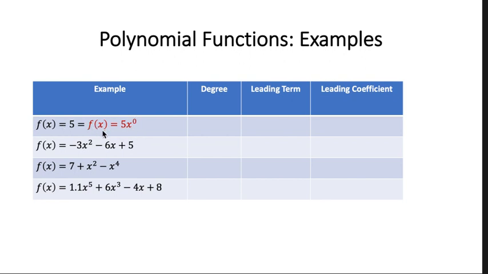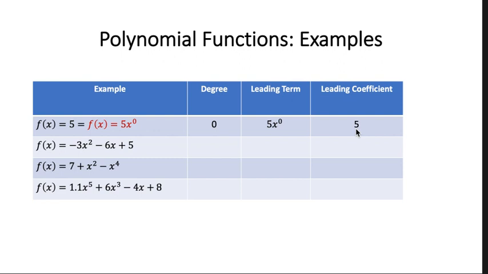So what is the degree of this polynomial function? Well, the degree is 0. That's the power on x. The leading term is 5x to the 0, and the leading coefficient is 5.